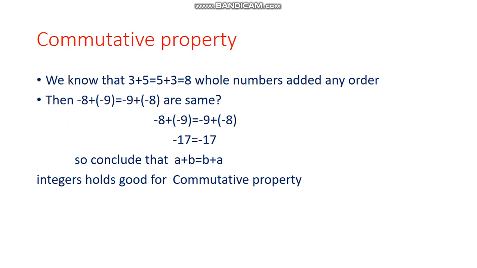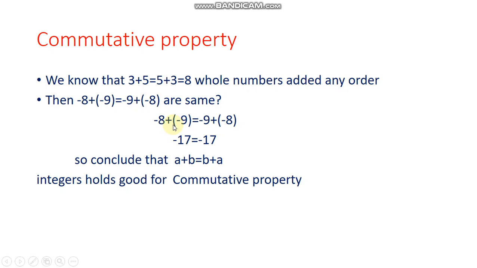But we can discuss here integers. Do they satisfy commutative property? Let's check. Minus 8 plus minus 9 is equal to, if I reverse these, minus 9 plus minus 8. Are they the same? Here we can solve using the addition and subtraction properties.